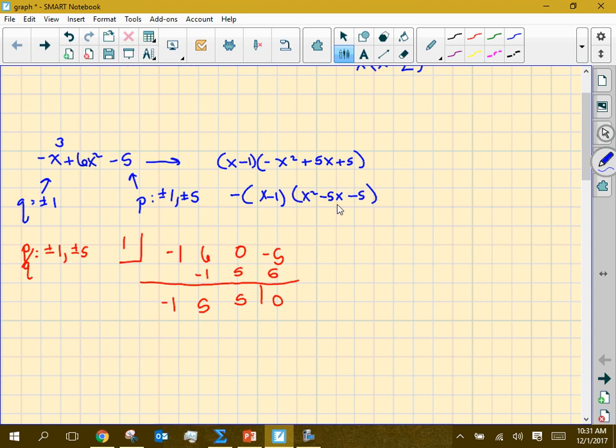So you're going to use the quadratic formula to factor this. It's going to provide us two additional zeros, but they're going to be irrational. We could write them out, it's not going to be too hard to do that, and we could completely factor this cubic.